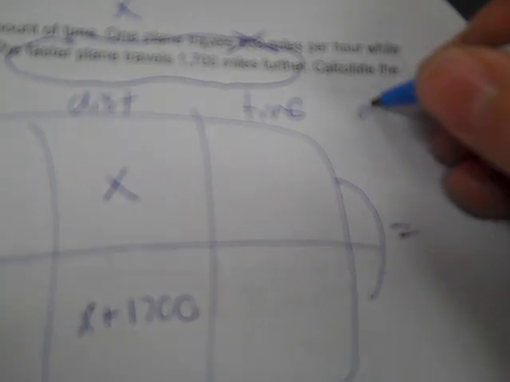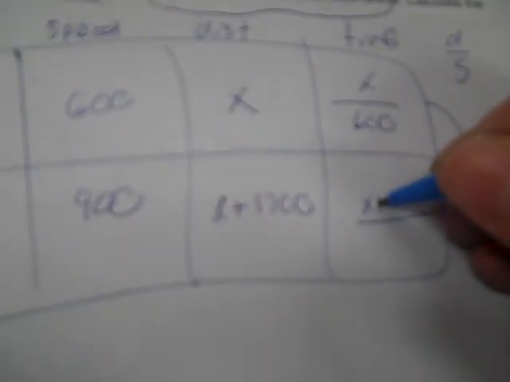So x plus 1,700 goes there, and then x goes here. Now the time we don't have, so the times are equal, but I need to make it a ratio as the distance divided by the speed. So the distance is x, the speed is 600. The distance is x plus 1,700, and the speed is 900. So I set these two ratios equal to form a proportion.